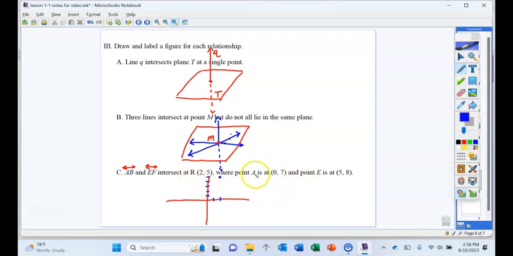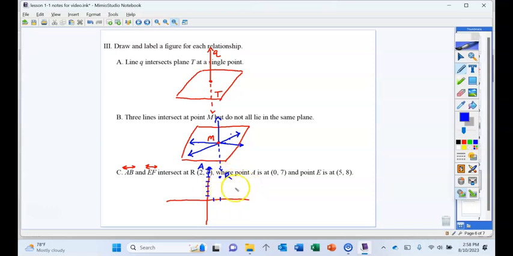All right, and we know that the line AB, we only know the coordinate of one of the points on the line. We don't know what B is, but we know where A is at 0, 7. So I'll just go up a couple more. And so we'll say this is A, 0, 7, and this is point R that we plotted earlier.